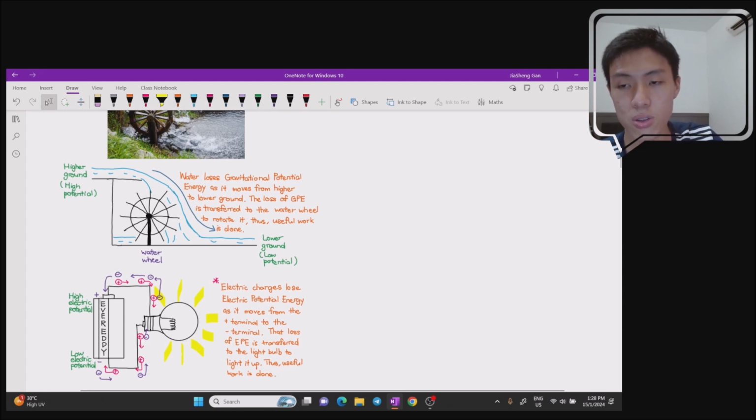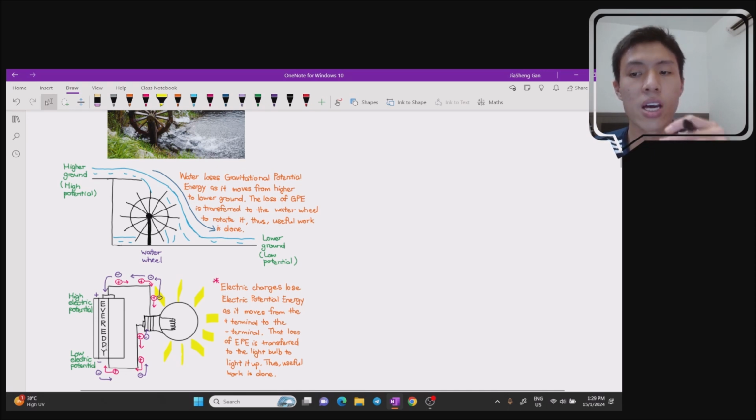So you can think of this situation like this. You can think of the positive terminal here as a higher ground. Then you have positive charges flowing from higher ground to the lower ground, which is the negative terminal.